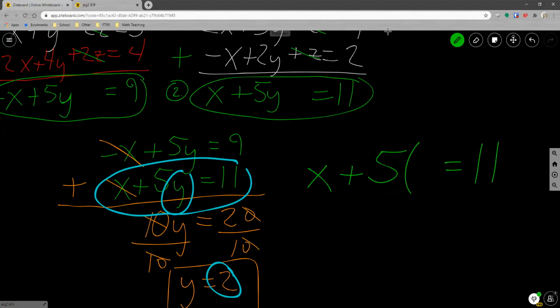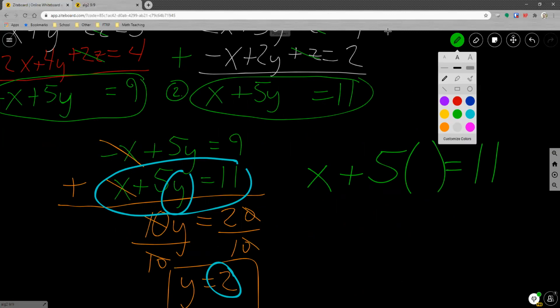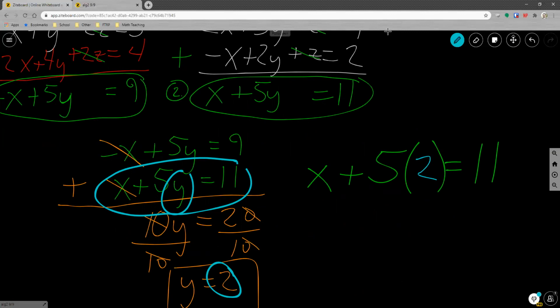But I know that y value, I can replace it with the number 2. Now I just do some multiplication. x plus 10 equals 11. And then finally, all I have to do is solve for x. So I can subtract 10.